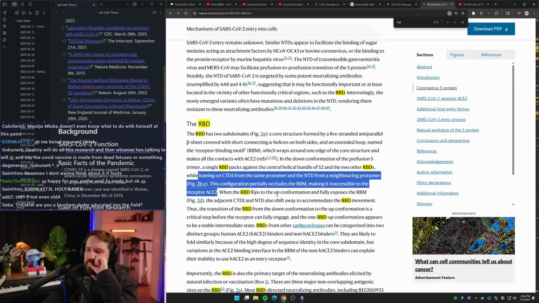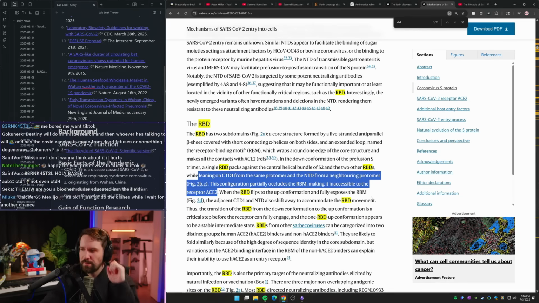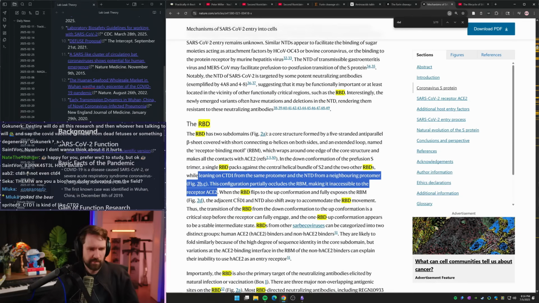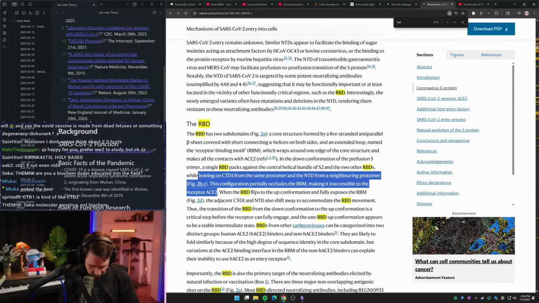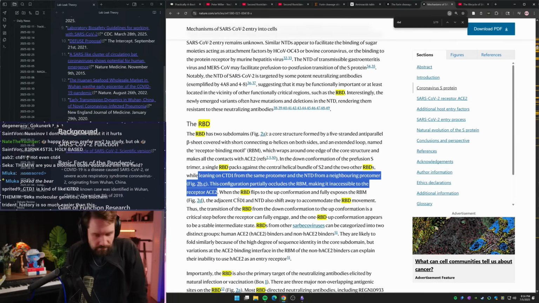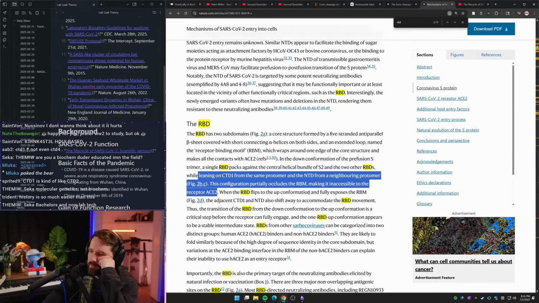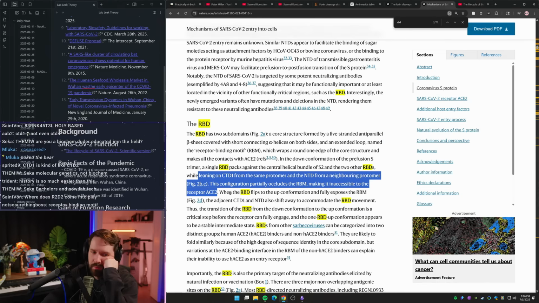When the RBD flips to the up conformation and fully exposes the RBM, I'm assuming RBM is receptor binding mechanism. That's what RBM stands for. Oh, I'm sorry, receptor binding motif, my bad.